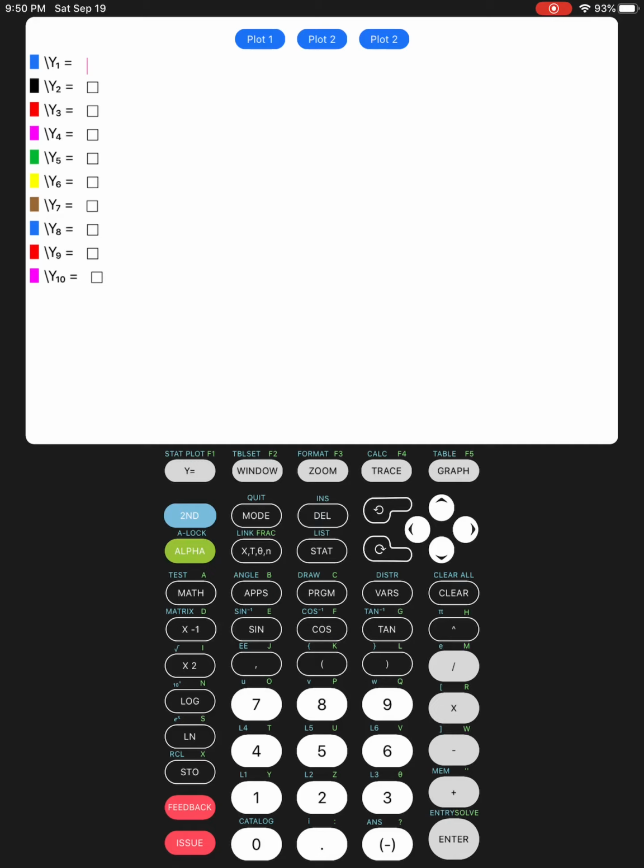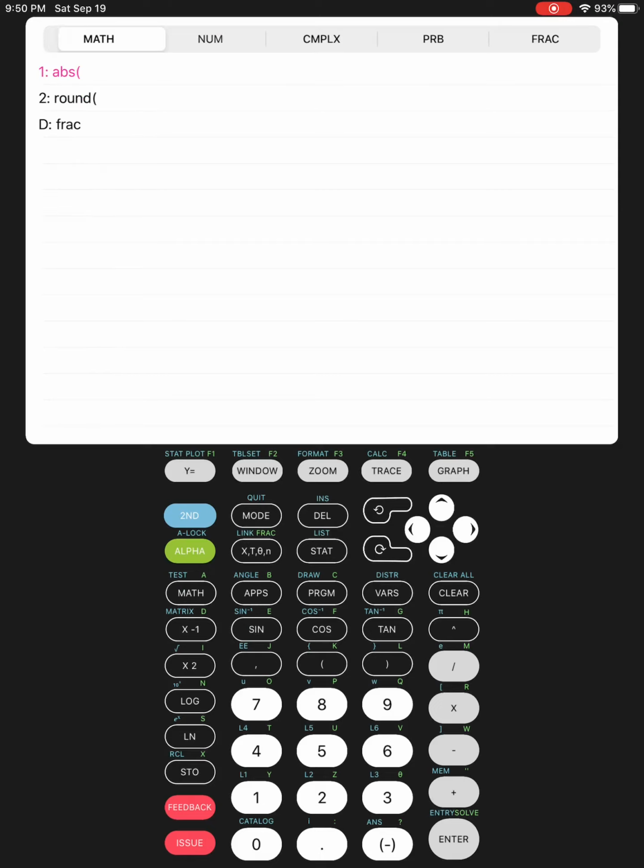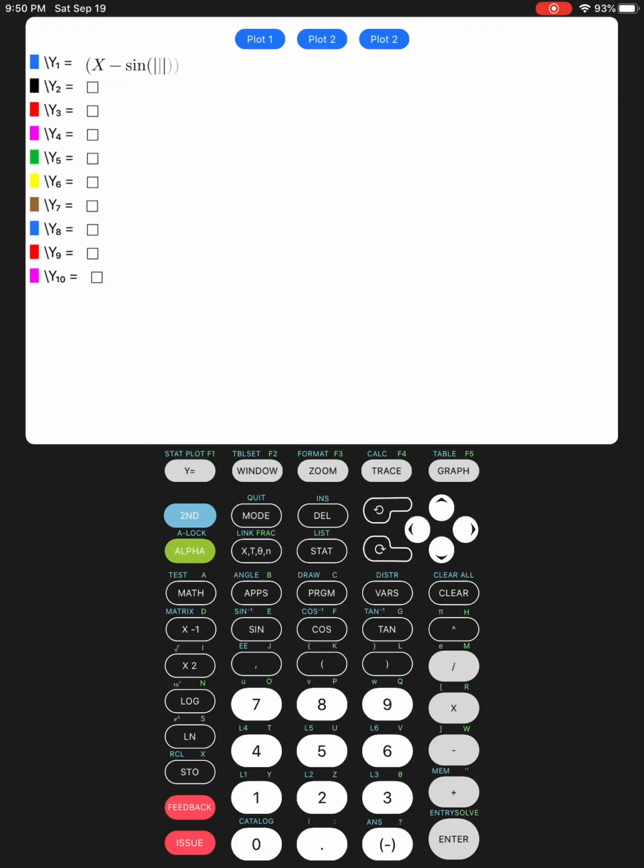So let's go back here and we want to clear this out. And we want to plug in that function. So we have x minus sine. And we want to get that absolute value again, so we have to go to math, number, absolute value of x.